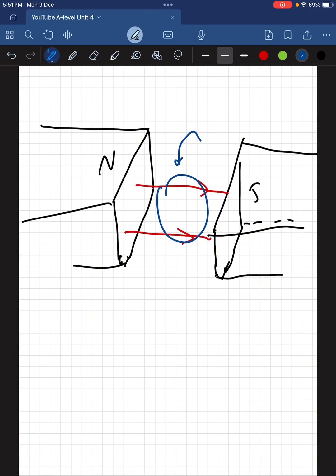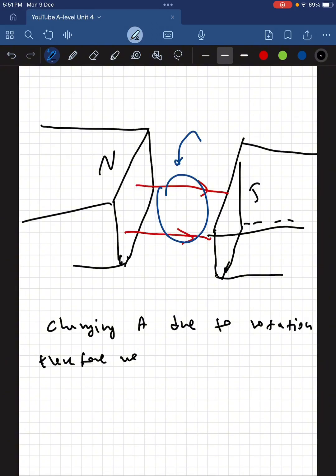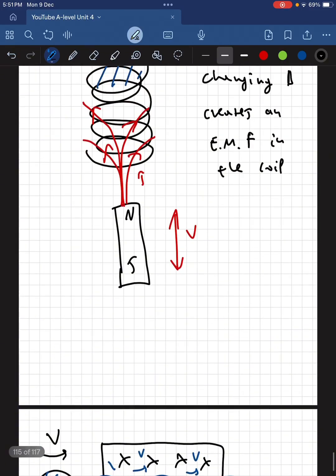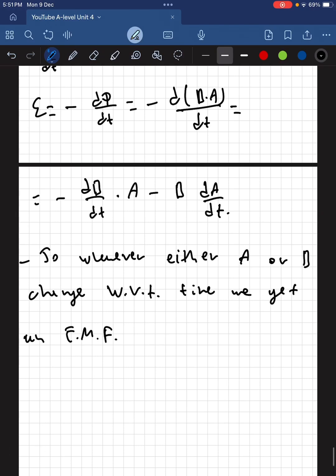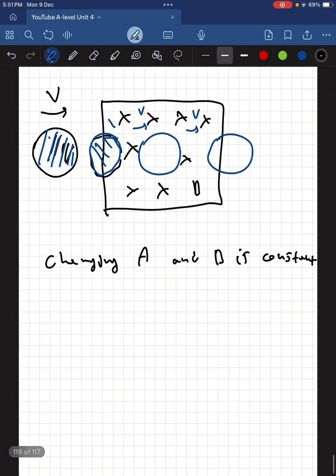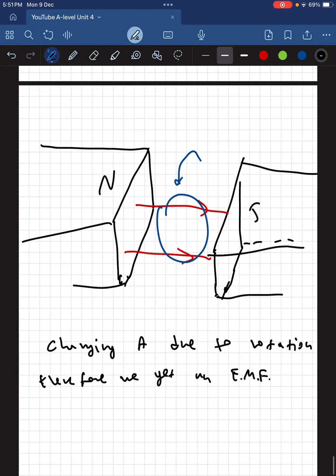So in the rotating coil example, we constantly change the surface area exposed to the magnetic field lines. So again, we have changing A due to rotation. Therefore, we get an EMF. And I deliberately did not talk about this negative sign. There is a negative sign coming with this definition, but I'm gonna address that later. For now, let's go see a cool simulation.